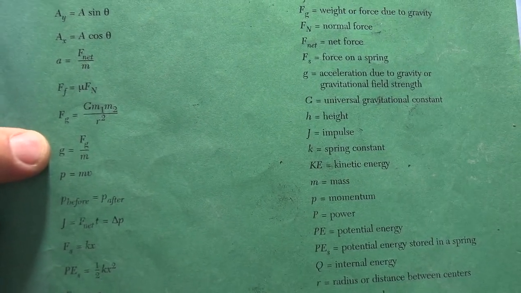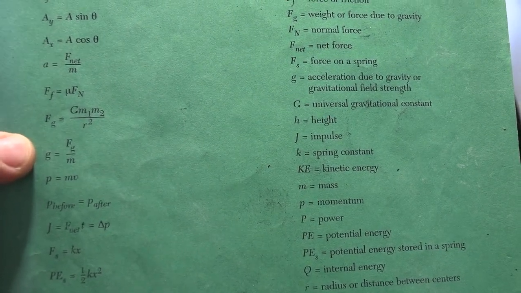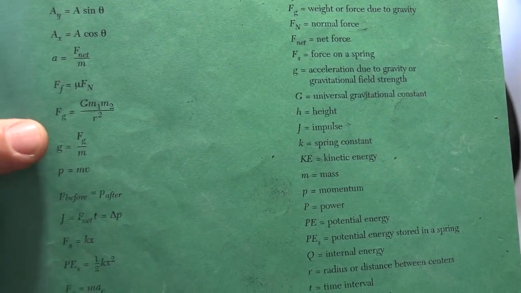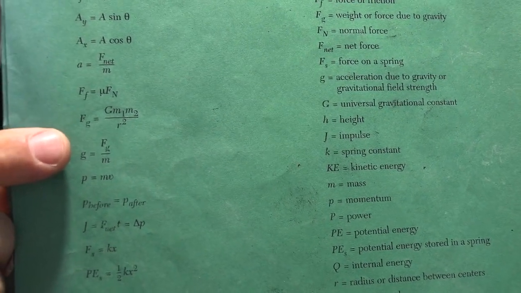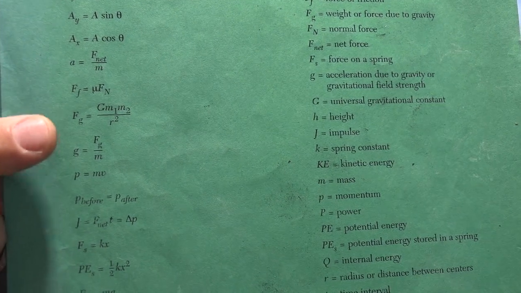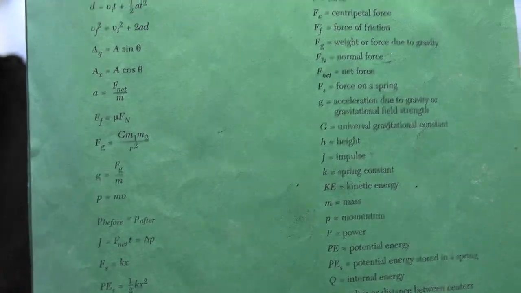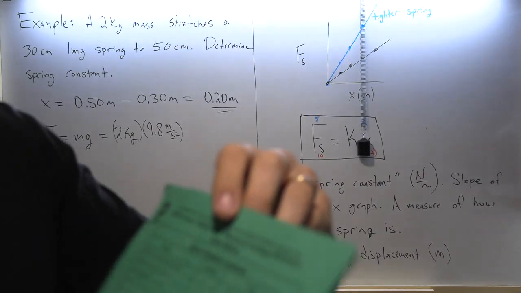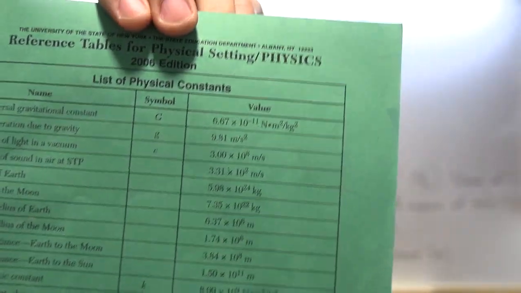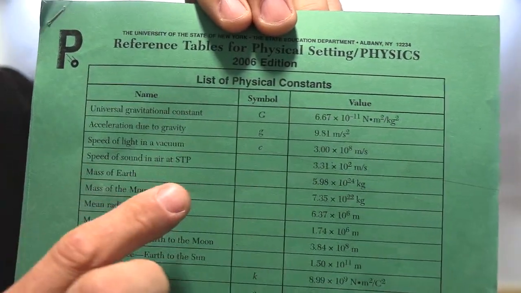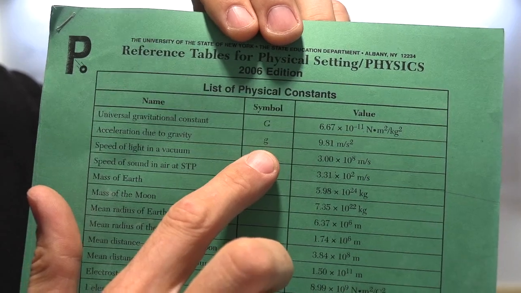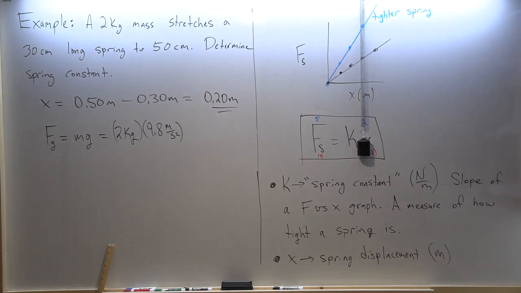If you multiply the m to the other side, you get Fg equals mg, which is how I like to use the formula, but you could write it this way and still get full credit. And for g being 9.8, I go to the front cover, and near the top, right here, I see little g, 9.81. Of course, I could use 9.8.